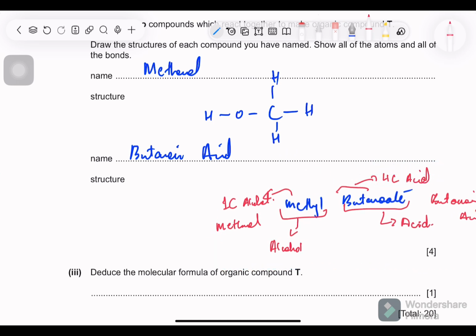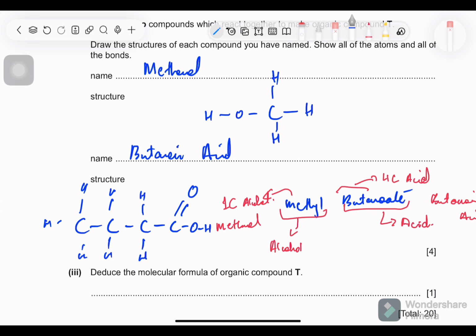And for this, we have butanoic acid formula: one, two, three, four carbons, and then a functional group. All the hydrogens done.